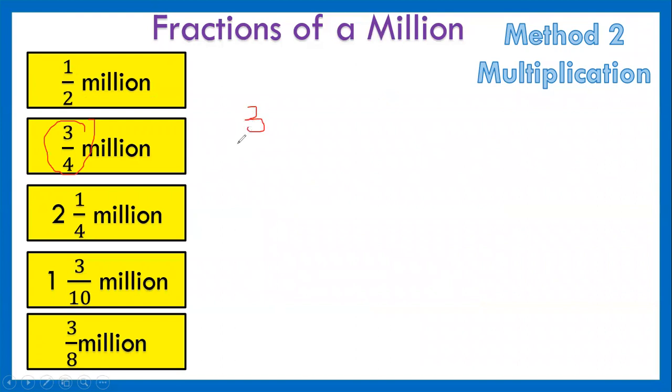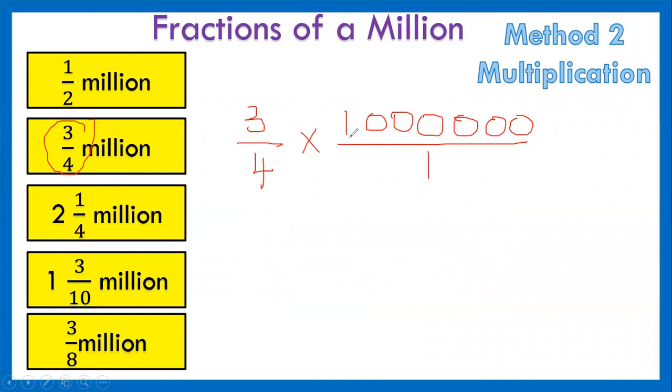Okay, clear. What about 3/4 million? The same. Take 3 over 4, multiply with 1 million. 1 million means 1 million over 1. Up times up over down times down. Of course, don't forget, you can actually take 1 million and divide by 4 and times with 3.